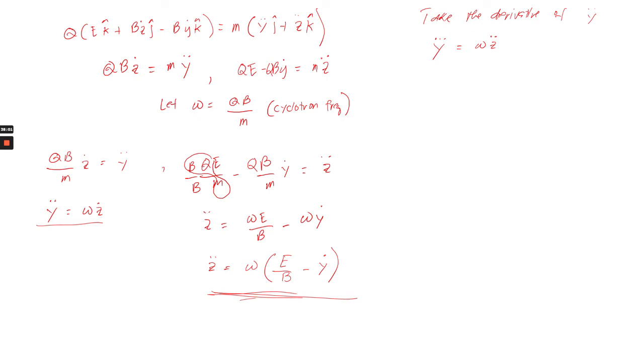Substituting, we have y triple dot equals omega squared times E over B minus y dot. Rearranging, you have y triple dot plus omega squared y dot equals omega squared E over B.